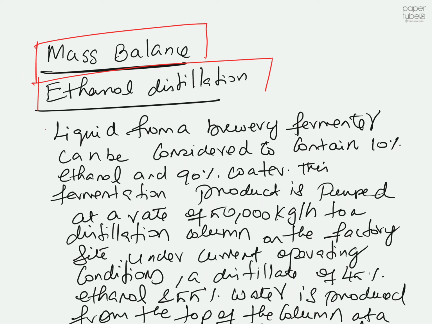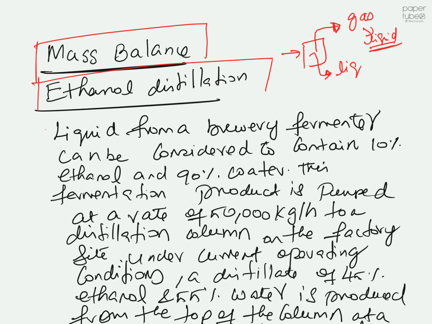If you have two fluids, one with a low boiling point and another with a high boiling point, when you heat it at some temperature, the one with the low boiling point becomes a vapor and you can collect it at the top, and the one with the high boiling point you can collect at the bottom. Normally this will be liquid and this will be gas, which we can condense to make it back into liquid state. So these are the basic ideas about how distillation works.